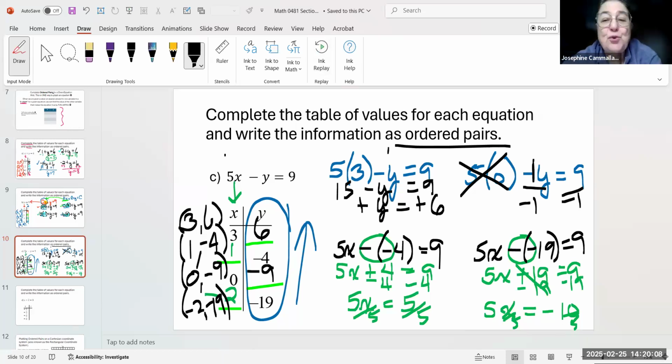And here's my last one with a table. Now, this one.